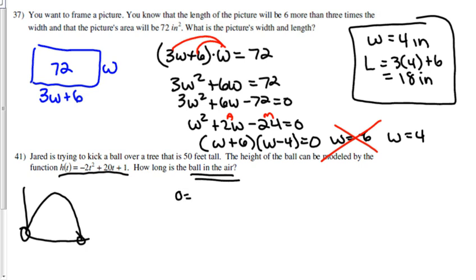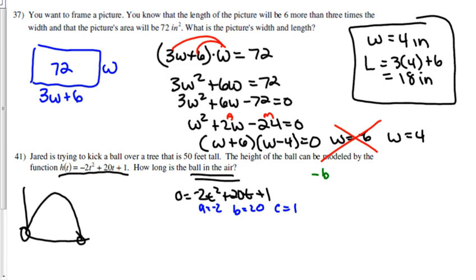So 0 equals negative 2t squared plus 20t plus 1. So notice that there's that negative 2 in front, which makes it really hard to factor or complete the square. And since it has a linear term, we're not going to use square roots. So let's go into the quadratic formula. A is negative 2, B is 20, C is 1.